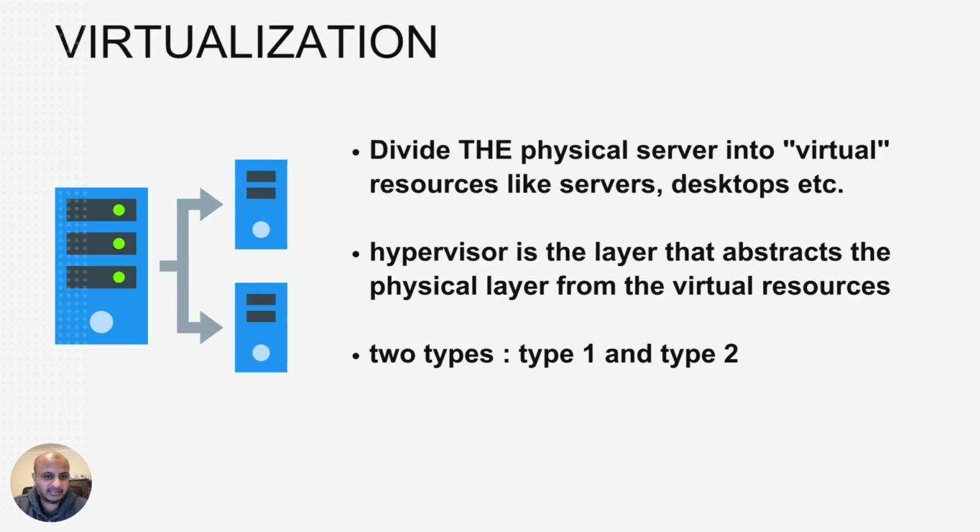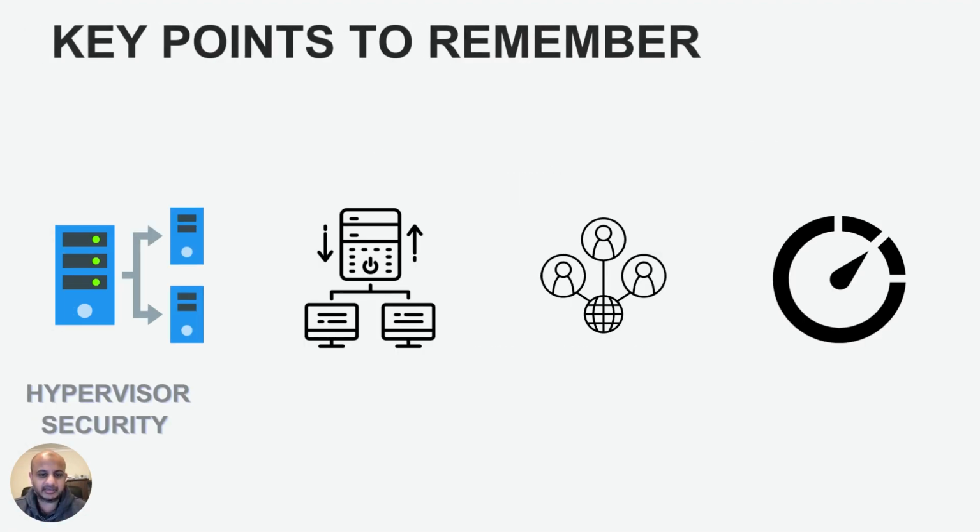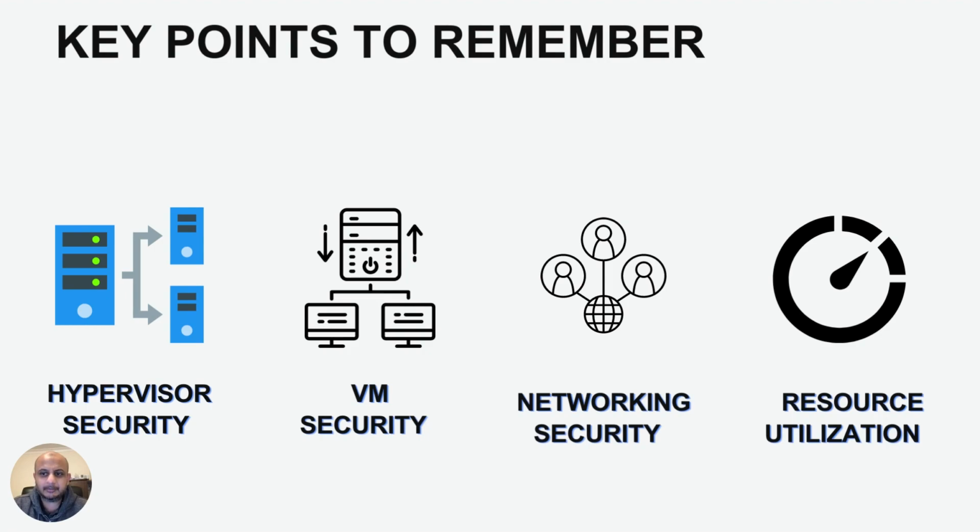So remember what virtualization is, right? It divides the physical server into virtual resources like servers and desktops, and the hypervisor is the layer that makes sure the physical hardware and the virtual resources, the VMs, are all separated. And this is where hypervisor security comes in. As a CCSP, you need to understand this, right? The hypervisor is an additional piece of hardware or software between the host and each guest.